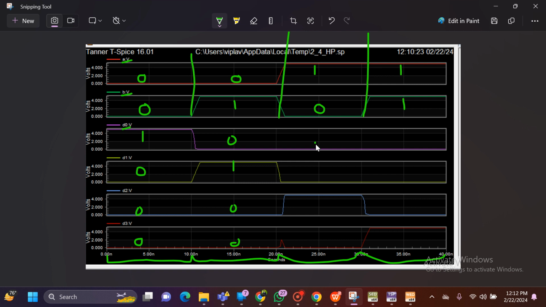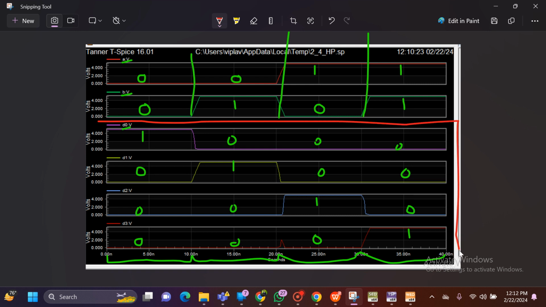So this is 0, this is 0. So the second pin is enabled and 0. Then next 0 0 0 1. Did you get it? So these are the outputs.